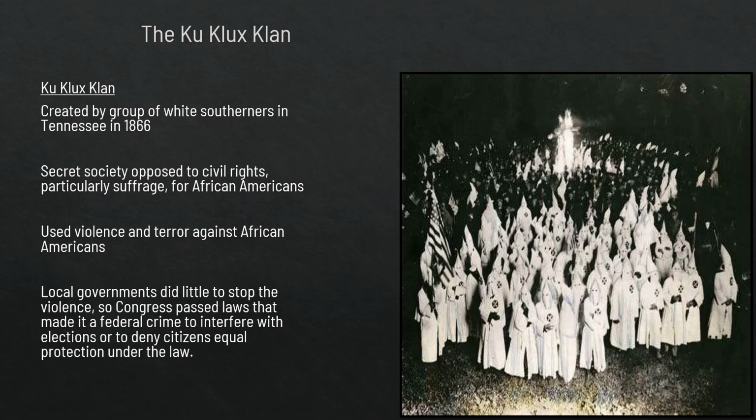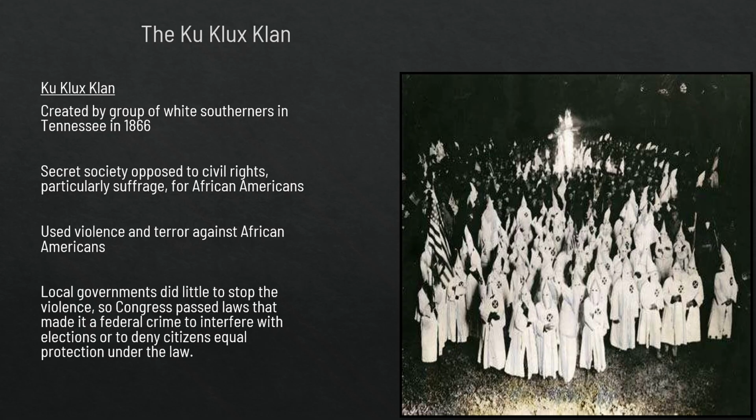So local governments are going to fail to act. Congress responds by passing enforcement acts, which made it a federal crime to interfere with elections or deny equal protection under the law. But that's not going to stop a group of people who are going to terrorize African Americans to try and make sure they don't make it to the voting poll.